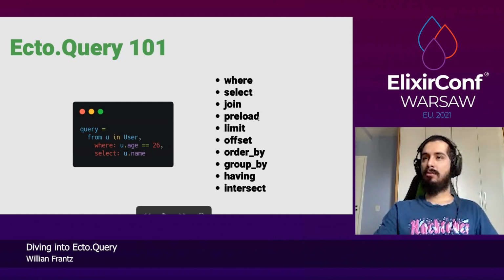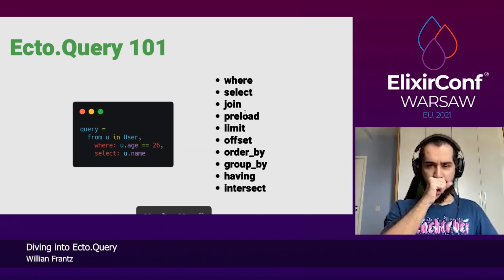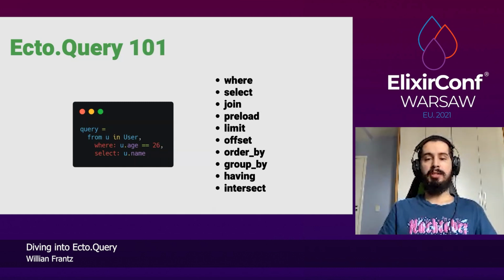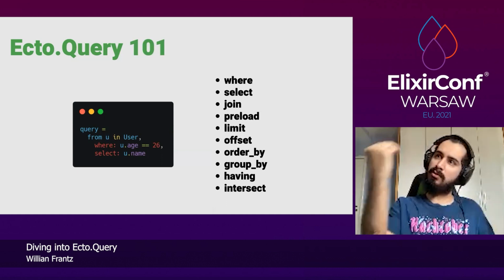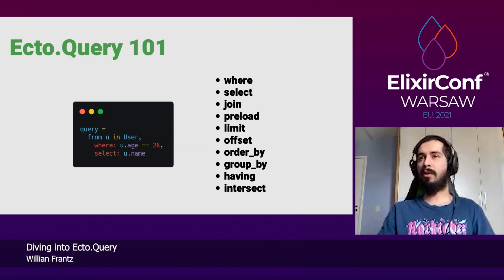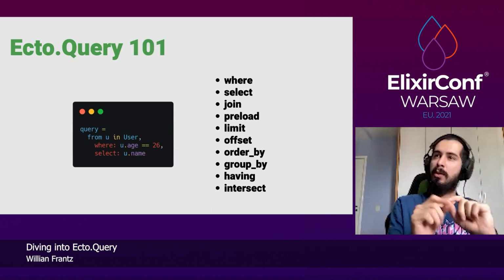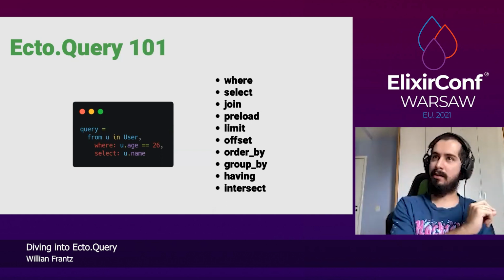We can preload as well. And the preload is pretty much us saying to the database that we want to bring those data within the query. So in the join, you're joining data, but you're not actually selecting that data.